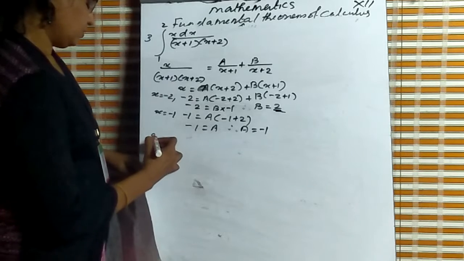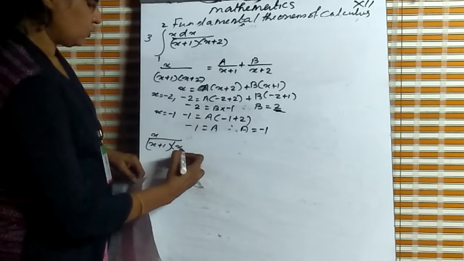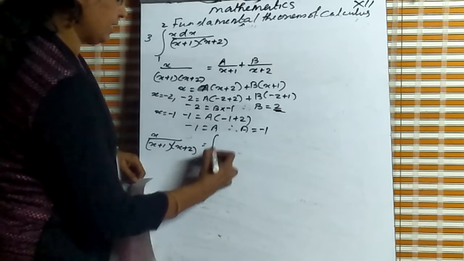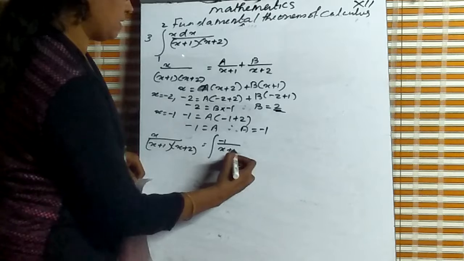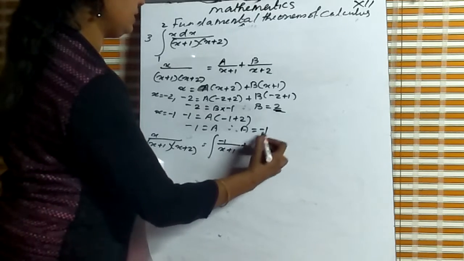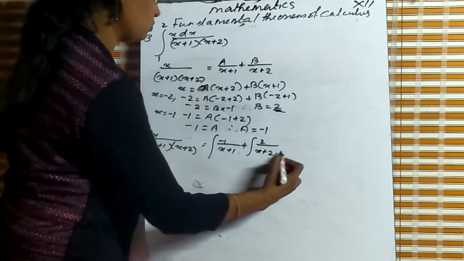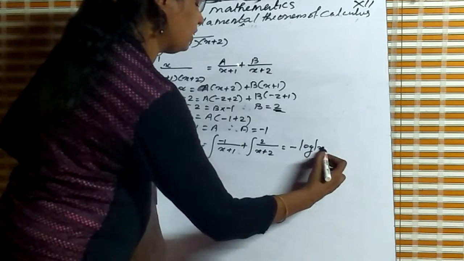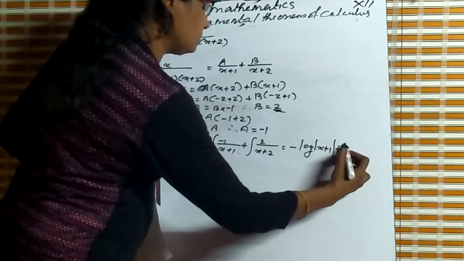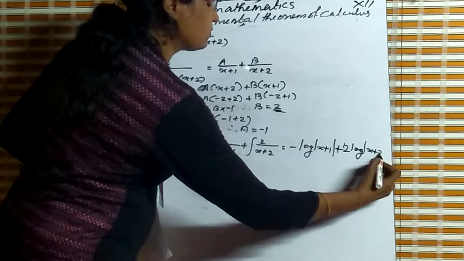Now the integral of x by x plus 1 into x plus 2 is equal to a integral 1 by x plus 1 plus b integral 1 by x plus 2, which is equal to minus log absolute value of x plus 1 plus 2 log absolute value of x plus 2.